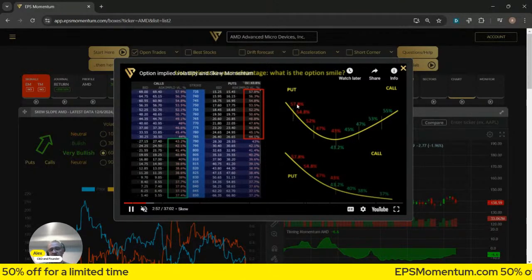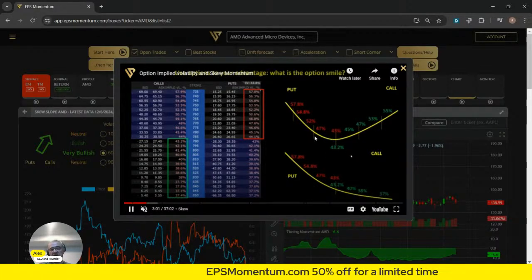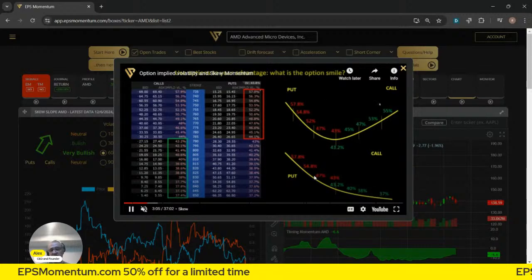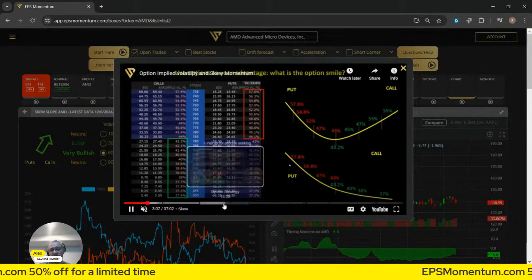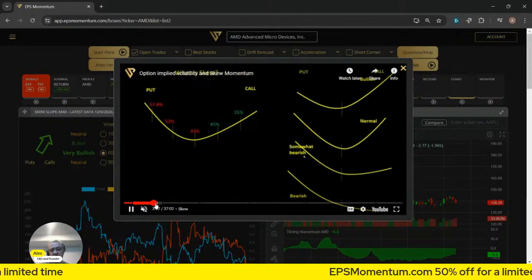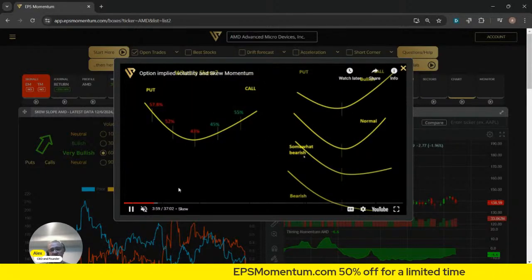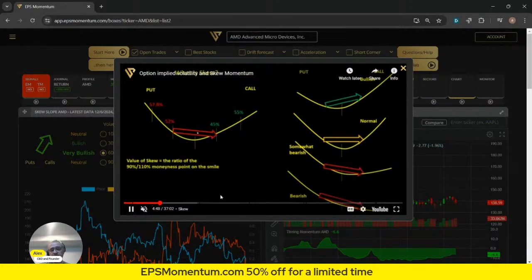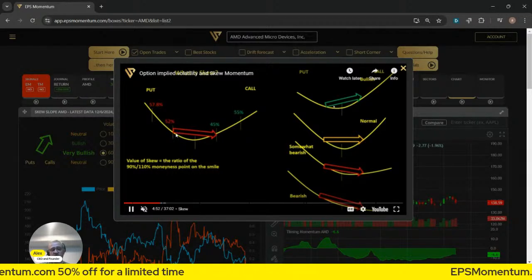And you see, if the skew is very, very concave here, then the slope is not that great. But if it's kind of flat like this, it's more pronounced. So there are different kinds of skew slope. This arrow here is what we look at for the slope.